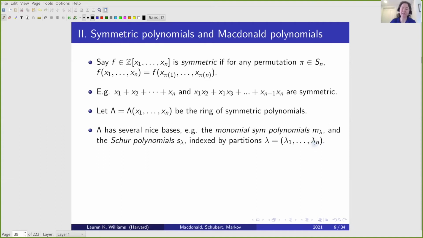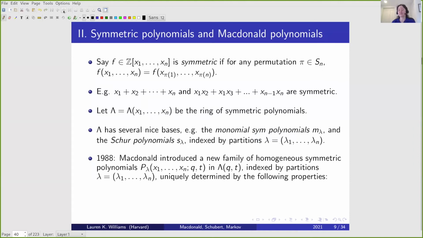Here, partition means weakly decreasing list of numbers. And the Schur polynomials, if you haven't seen them before, arise as characters of polynomial representations of the general linear group. And they also arise as cohomology classes of Schubert varieties in the Grassmannian. So the Schur polynomials are extremely important throughout mathematics.